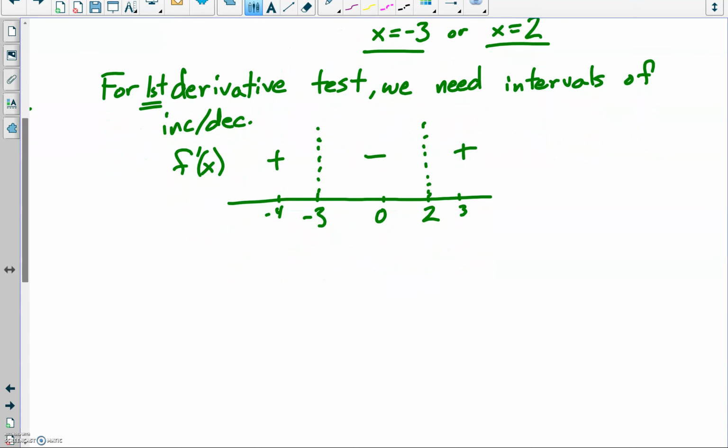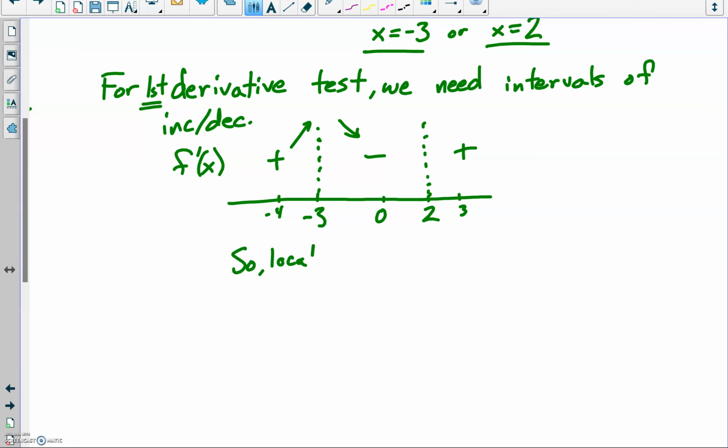And now what I look at here are places where the signs of the derivative changed. And they changed at negative 3. They went from positive to negative. So basically what that's saying is we were going up and then we're coming down. And if you go up and then come down, well, you reached a maximum at that place where you changed over.